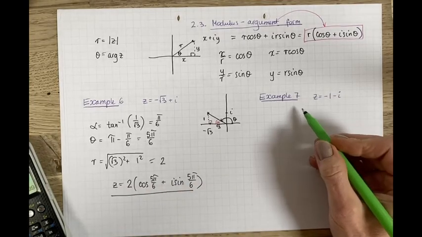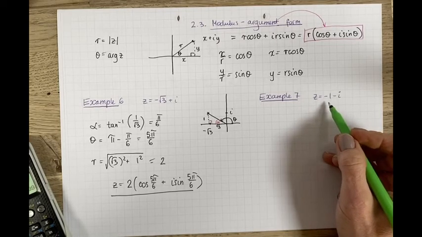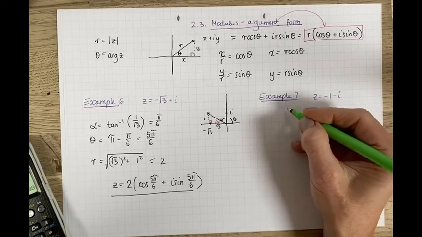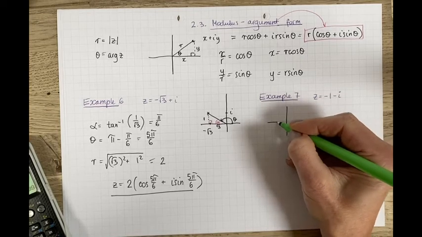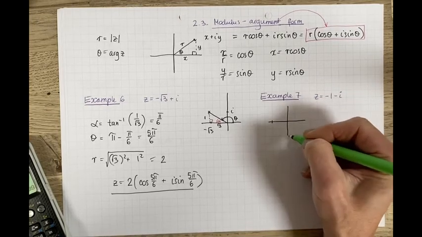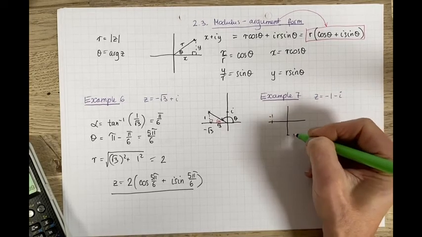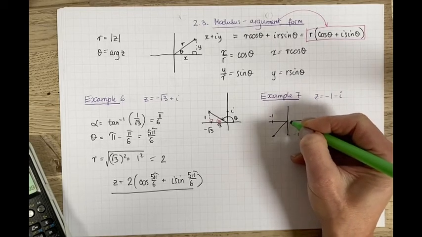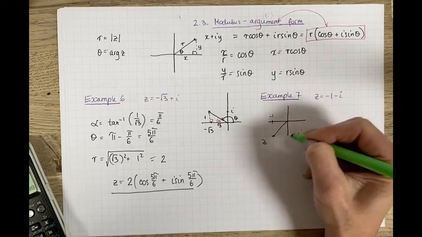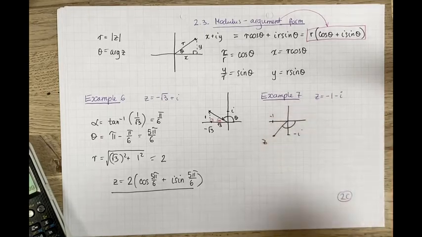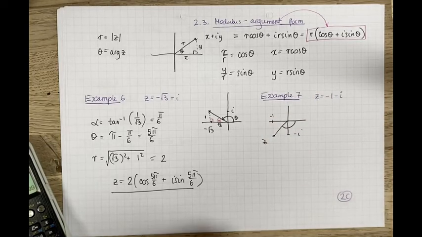Okay, moving on to example 7, you've got z equals minus 1 minus i. Always sketch it. Minus and minus. We're talking about this complex number z here. We want this angle here.